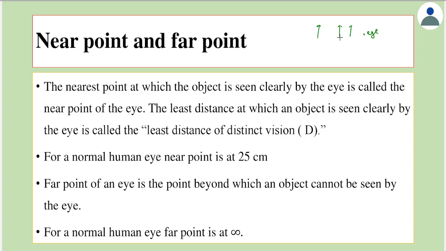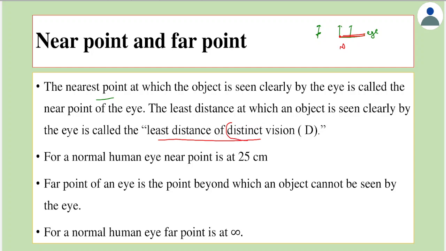So this distance from the eye, beyond which the object can be seen clearly, is called the near point. It is the nearest point to the eye at which the object is seen clearly. We'll put N here. The distance between the eye and this point is called the least distance of distinct vision.